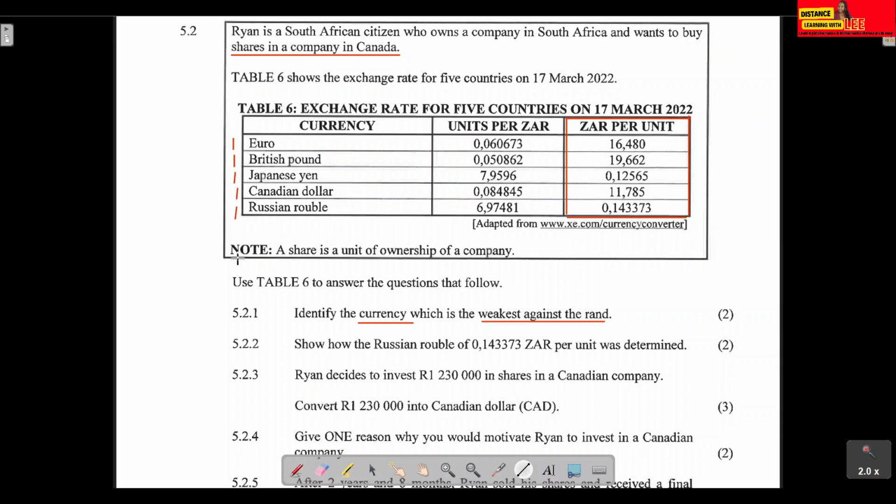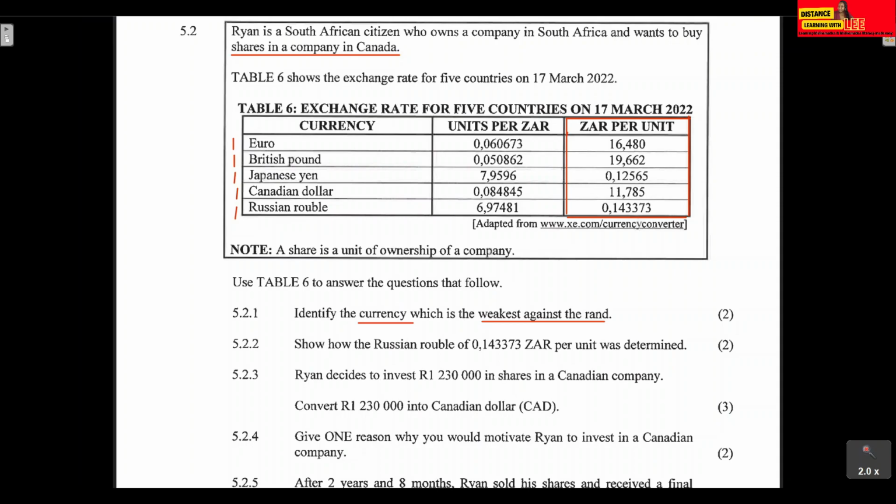For us to identify the weakest currency, we want to point out the currency where you use the least amount of rands to get 1 unit of that currency.